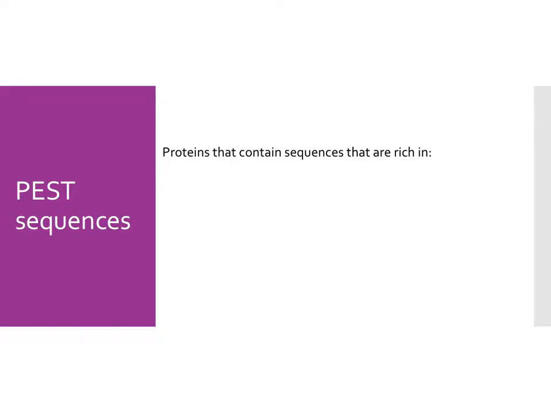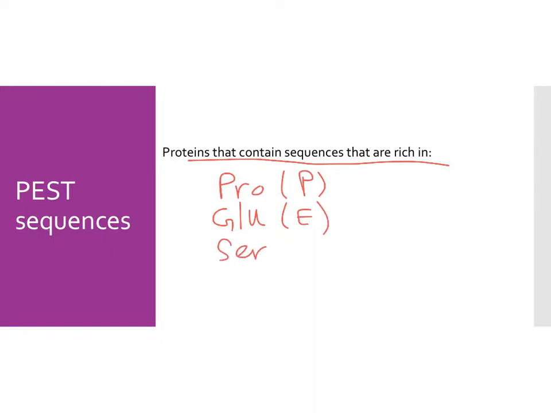Another thing that seems to be important are these PEST sequences. So proteins that contain sequences that are rich in proline, and remember, proline's one-letter code is P, glutamic acid or glutamate, one-letter code is E, serine, S, and threonine, T. And if you notice, these spell PEST when together.